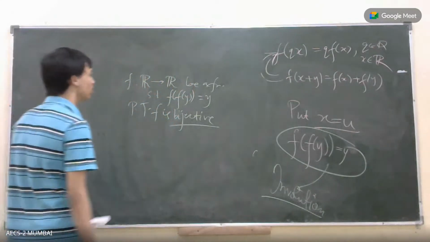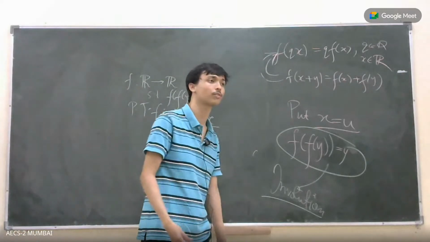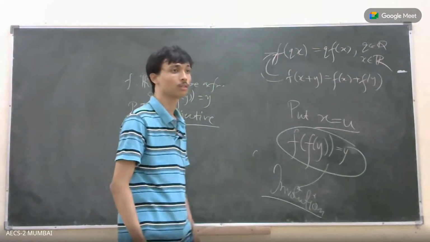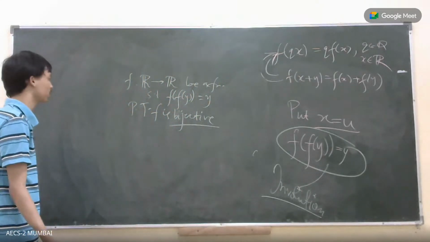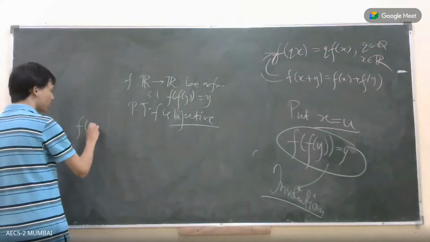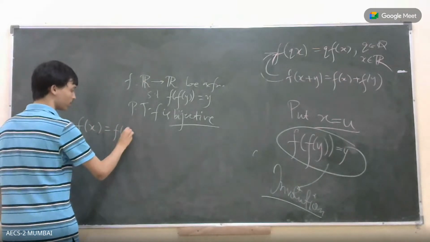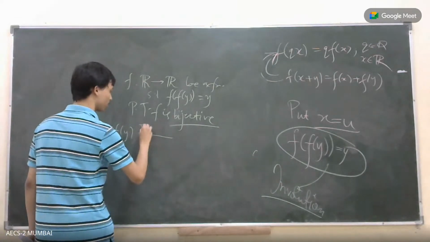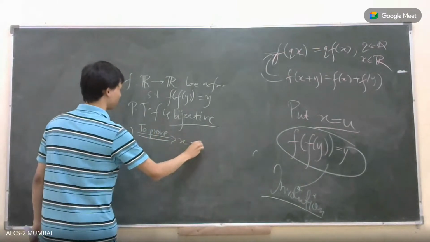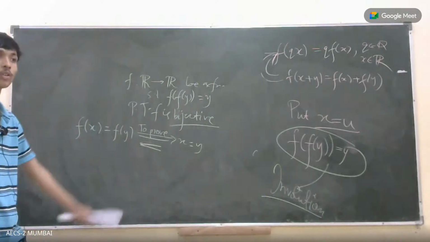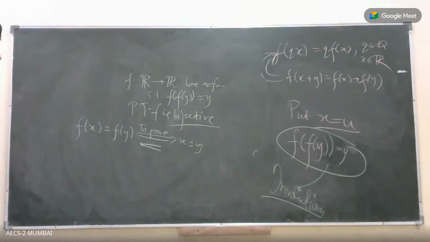So when I ask you to prove that a function is bijective, what's the first thing that you need to prove? It's injective, right? What's the condition of injectivity? f(x) equal to f(y). If we can prove this implies x equals y, then we would have shown that f is injective, right?